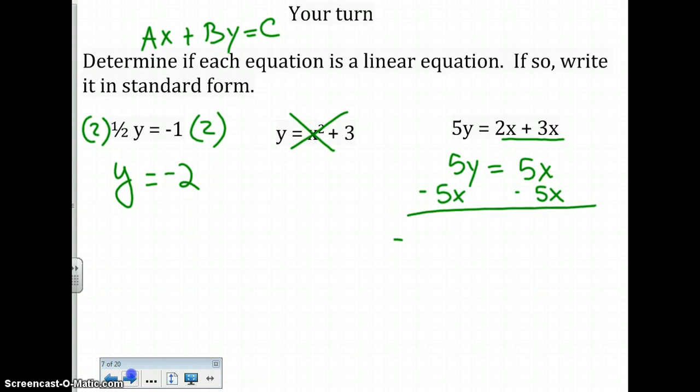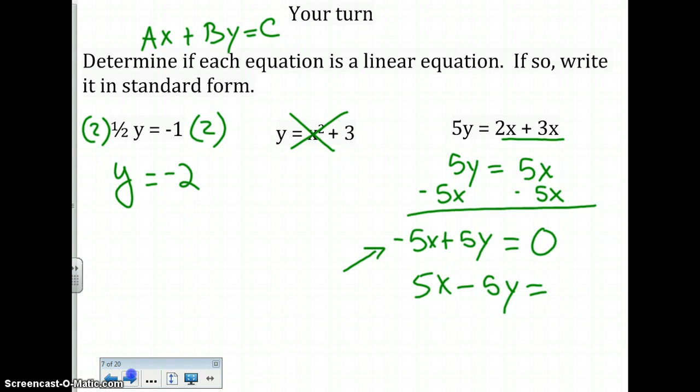That would give us negative 5x plus 5y equals 0. You might recall that a needs to be a positive integer, so if we divide everything by negative 1, we'll end up with 5x minus 5y. 0 times negative 1 still is 0. So we're just having to alter the positive and negative signs in front of these.